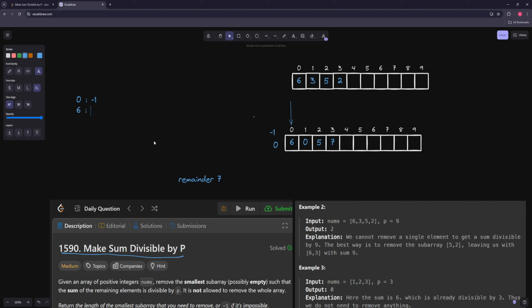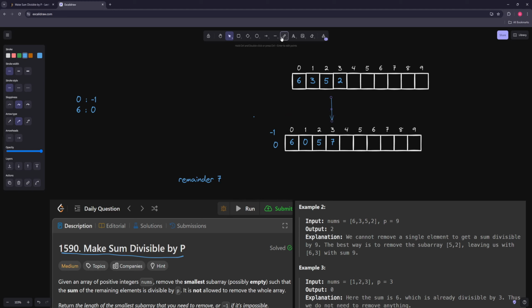And the other thing here is if we get the same remainder at multiple locations, you want to think about, do I need to keep them all? Which one do I want to keep? Because you want to keep the smallest subarray possible, if you hit the same remainder multiple times, remember the thing we're deleting is from the last place we hit the remainder to where we are now. So we're going to keep overriding the one we had because we want to have the biggest index possible because we're subtracting our current index from that index.